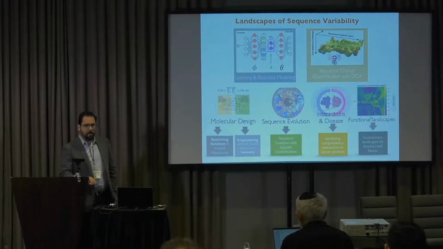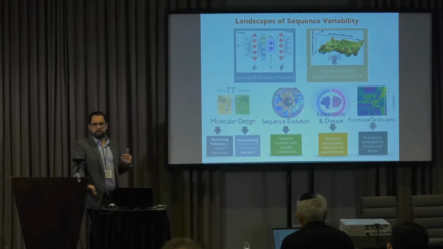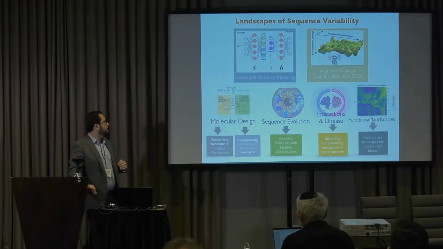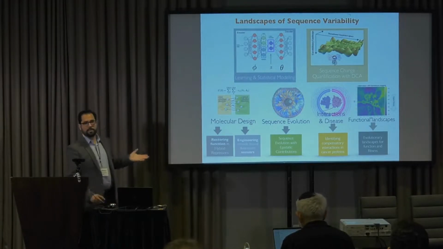Just as a brief overview of some of the projects that we're working on, we like to understand from datasets, mostly sequence datasets, what are the rules of change that allow us to predict if a mutation or a change in a protein will lead to a functional or non-functional outcome. One application for sure is molecular design.